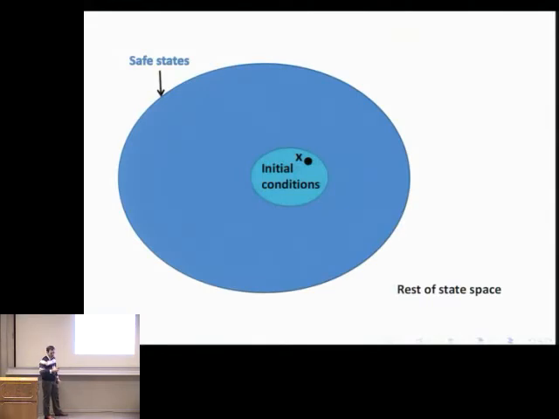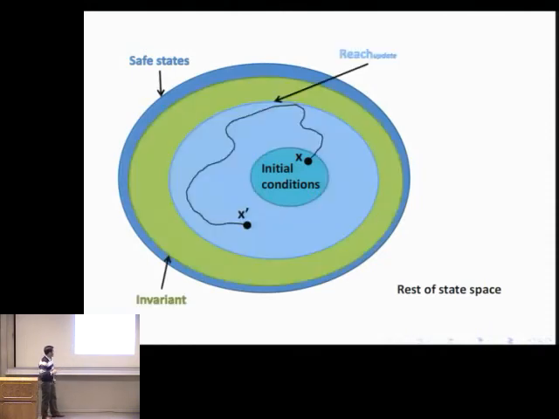So I'm going to give you a very high-level view of how the proofs work out. The idea is we have a state space, and we have a set of safe states and some initial conditions. And let's say we're starting at point X, and then we have the rest of the state space. What we want to do is look at what states are reachable upon running this algorithm and transitioning around.